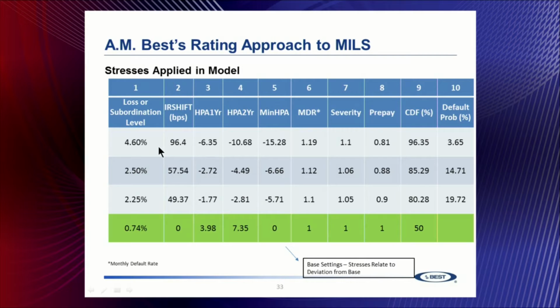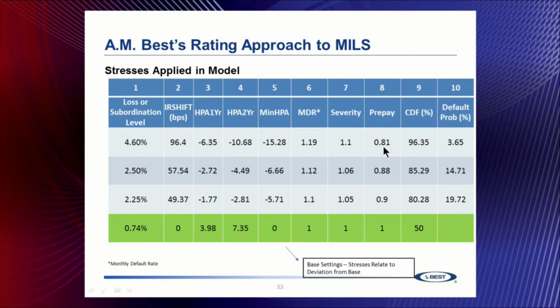Let's look at the class 1 note, which is the first row here. This is with the subordination level of 4.6%. There is a 96 basis point shift upward in interest rate. HPI is down by 15%. Model stresses are a 19% increase in MDR, a 10% increase in severity.